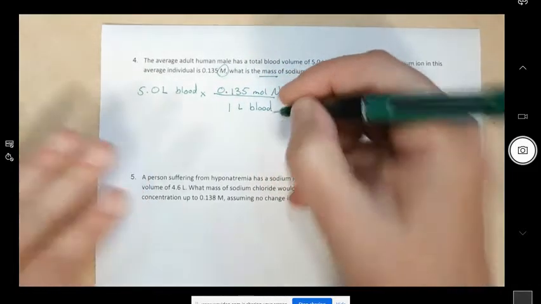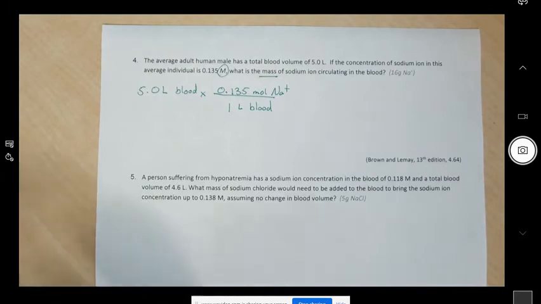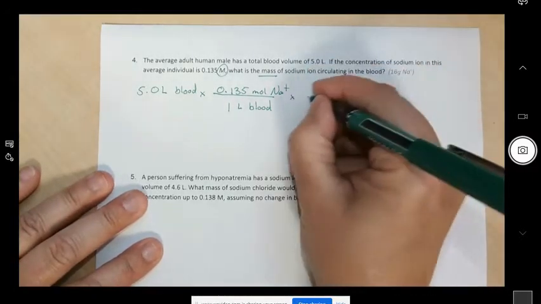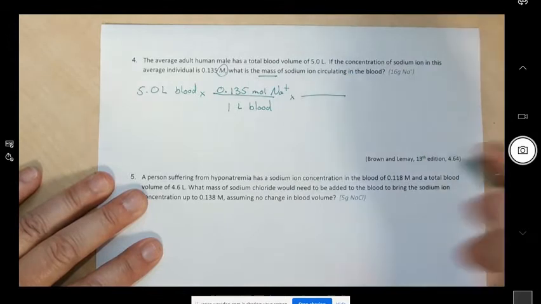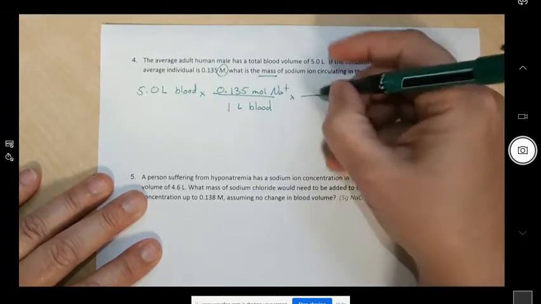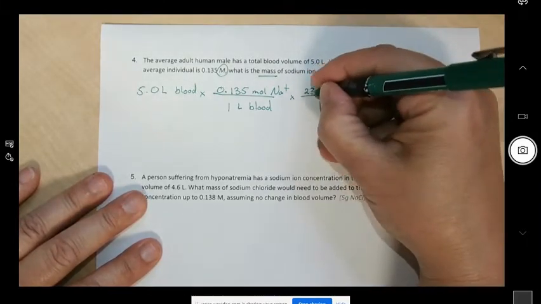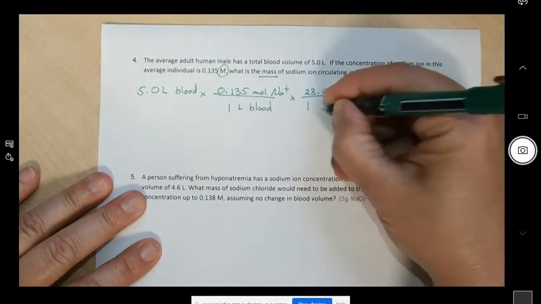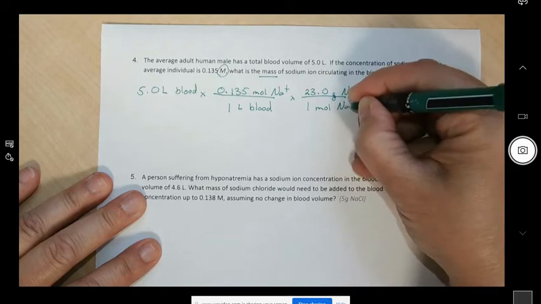Okay, so in other words, if I have 5 liters, I'm multiplying that 0.135 moles of sodium by 5. Now, again, we talked about ions, right? A sodium ion is going to have the same molar mass as sodium. So that's going to be 23.0 grams of sodium ions for every 1 mole of sodium ions.